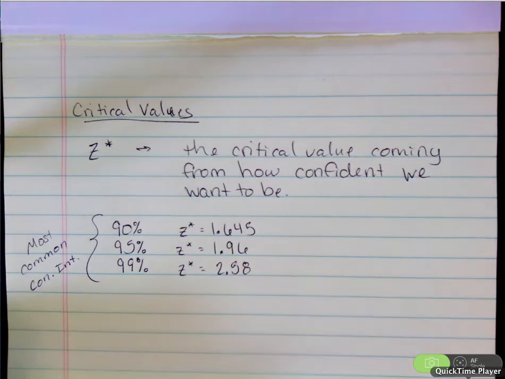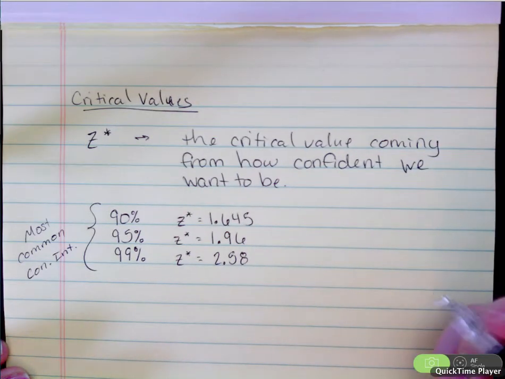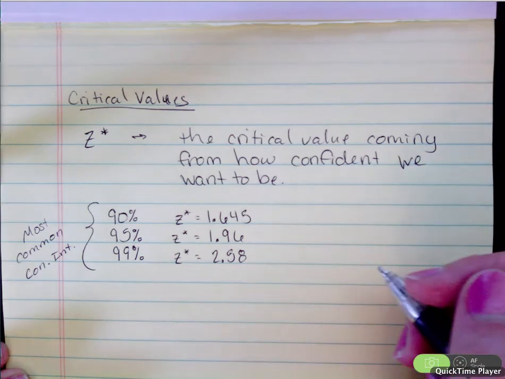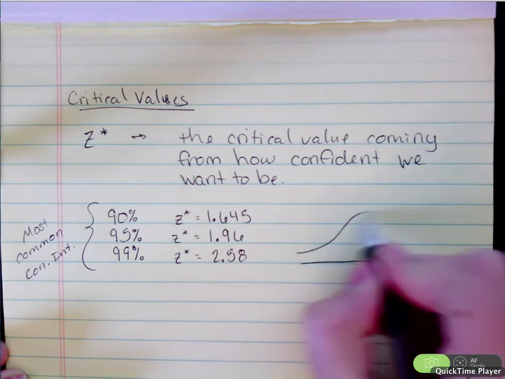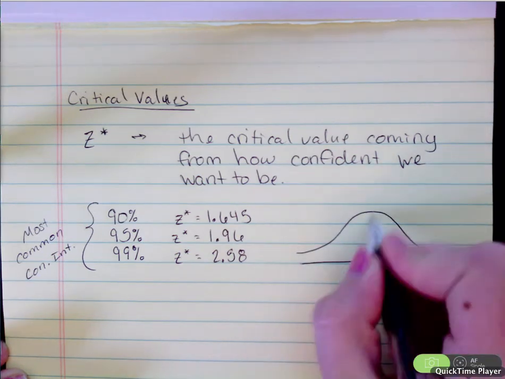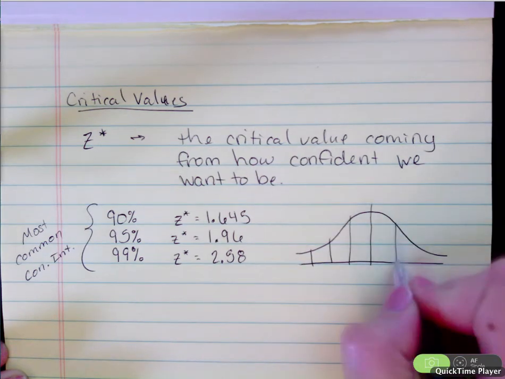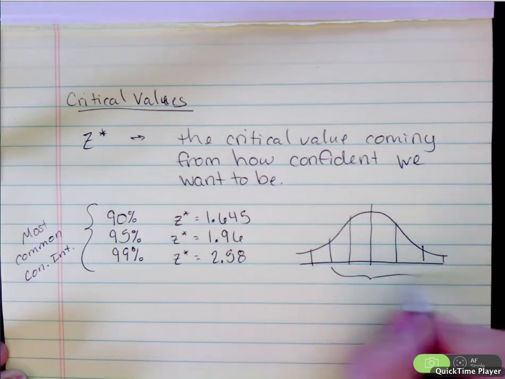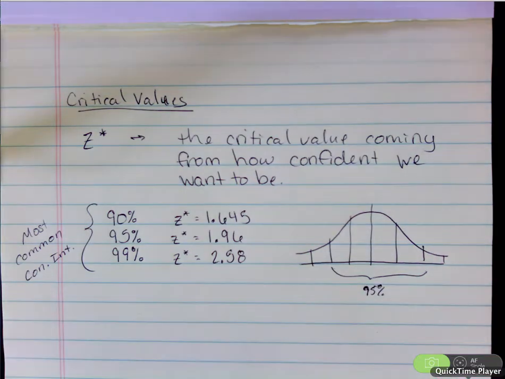Now, what a critical value does is specify the number of standard errors needed. If you think back to the previous video, when we did a 95% confidence interval, we went 2 standard deviations from the center, and that gave us 95% of our data.